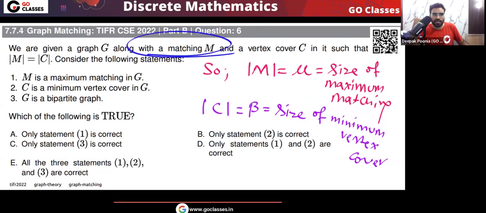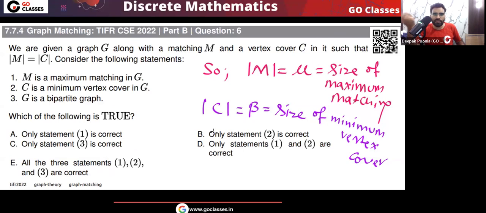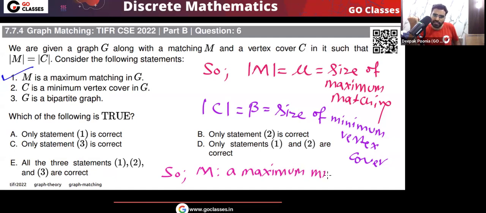So we have found that M is a maximum matching.